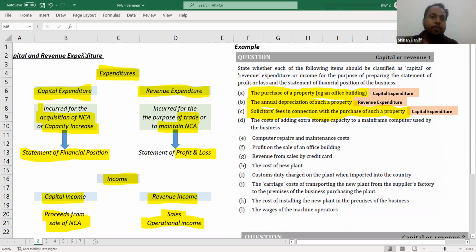After fixing the machine, let's say you have to put in fuel and operational cost. That is revenue. Okay, so that's how you understand the difference between capital and revenue expenditure. Okay, right. Then next, the cost of adding extra storage capacity to a mainframe computer used by the business.